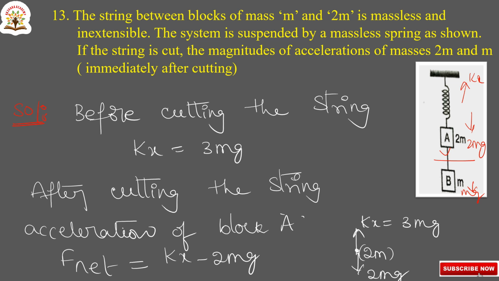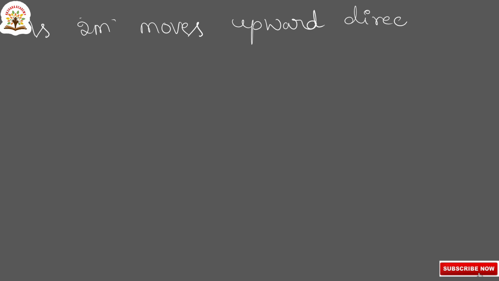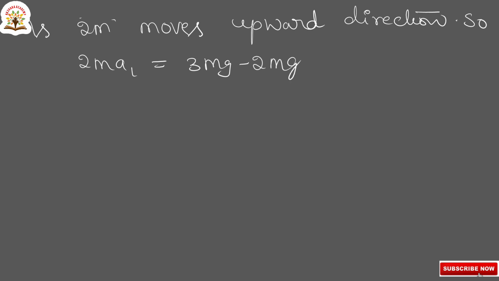As 2m moves in the upward direction, 2m a1 is equal to 3mg minus 2mg, so 2m a1 is equal to mg.